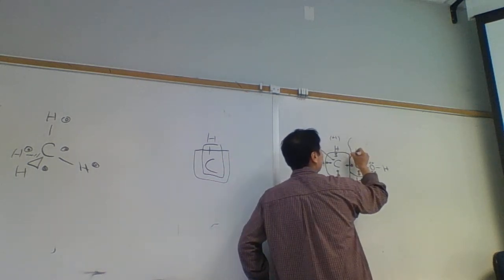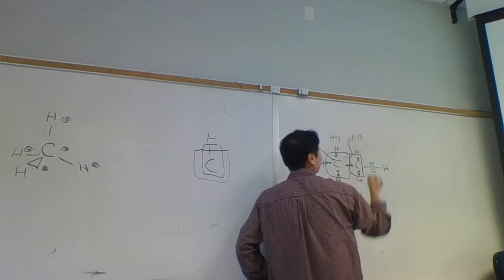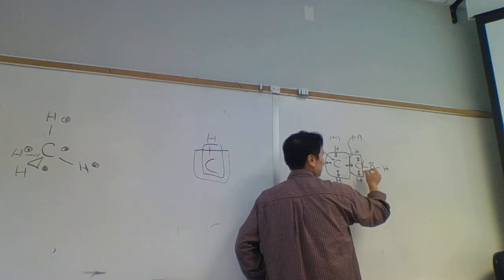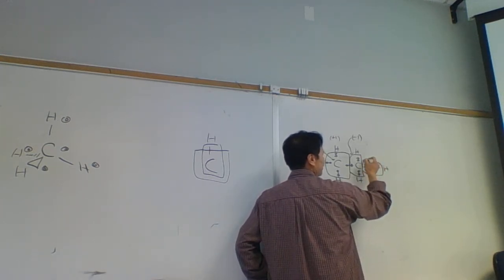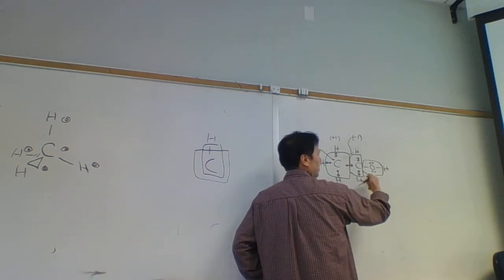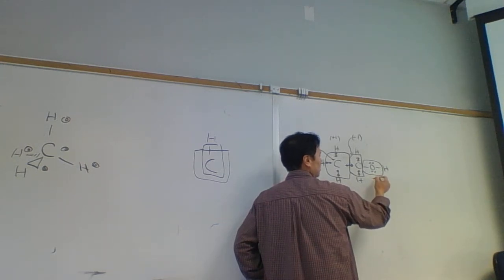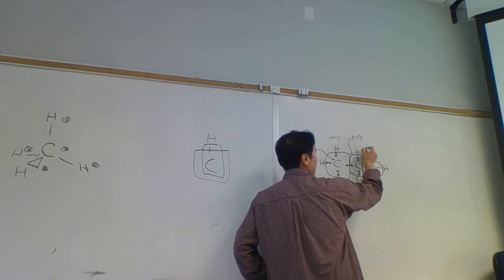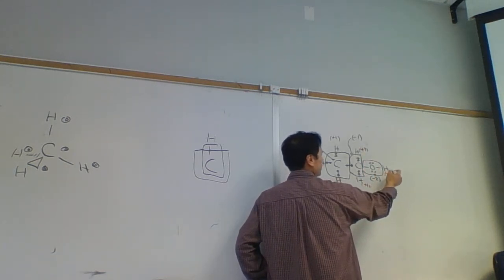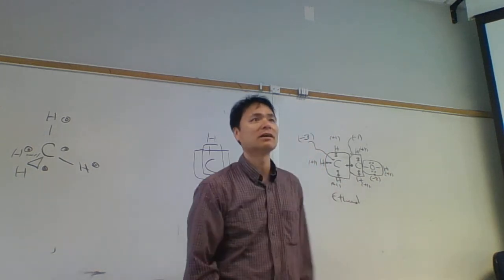So this carbon is -1. This oxygen, well, oxygen versus hydrogen, oxygen is going to win. So this oxygen has 8. And how many did it contribute? 6. So it ends up with 2 extra. So -2. These hydrogens are +1. And this hydrogen will be a +1 because they all end up with nothing.